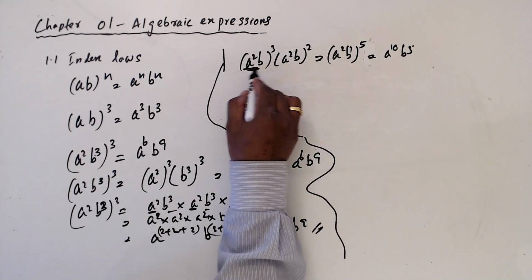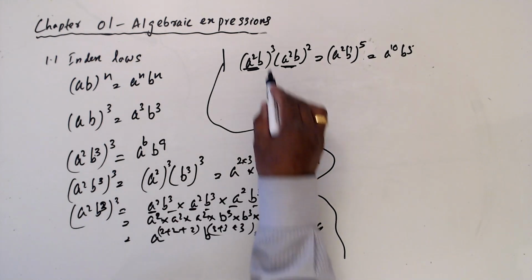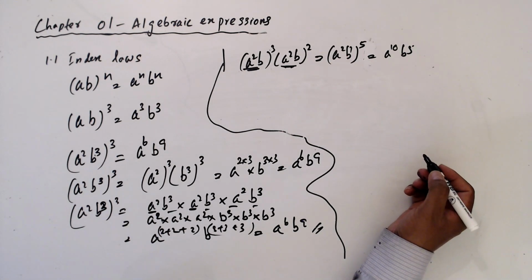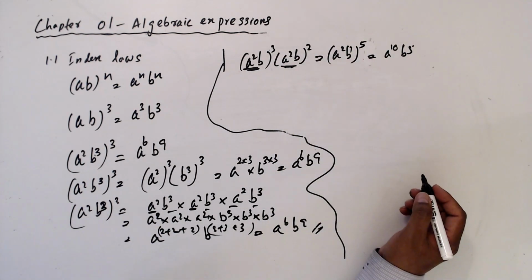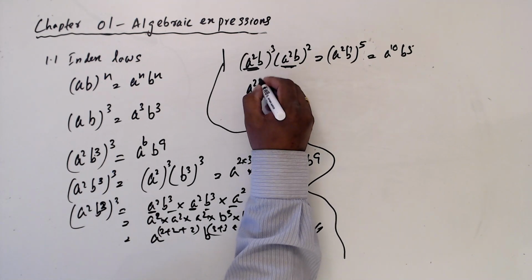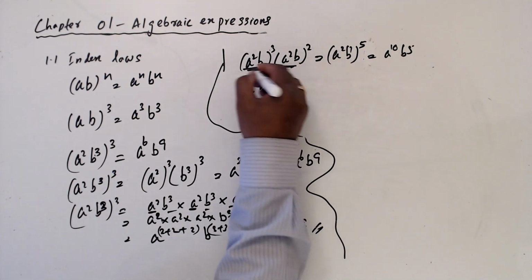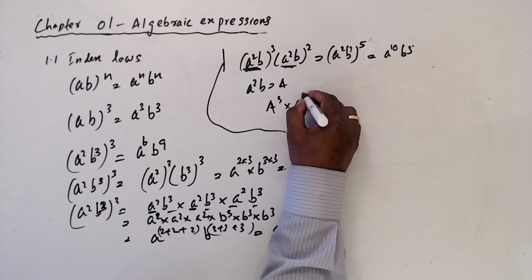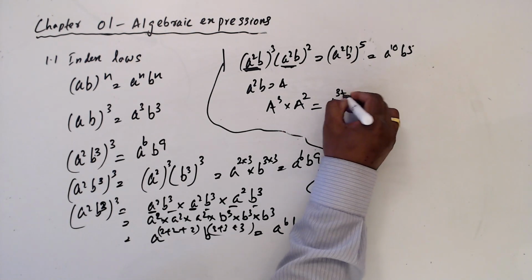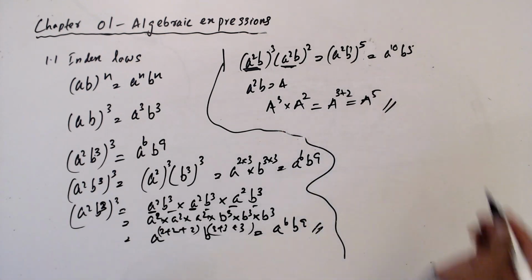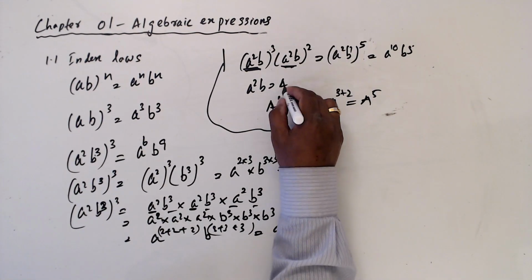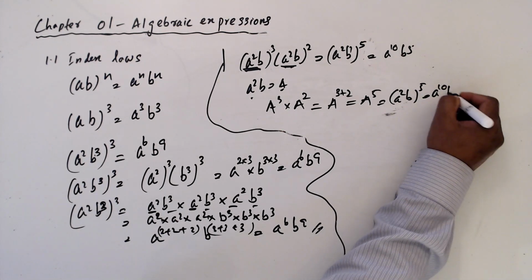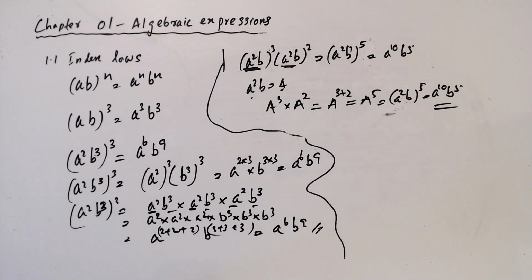Since the terms are the same, I can add the indices. A squared b, if I take a, it is clear that I can write this as a cubed and a squared, then a to the power 3 plus 2, that is a to the power 5. So we can turn back: what is a? A means a squared b, to the power 5. So a to the power 10 b to the power 5. This is a different way of working.